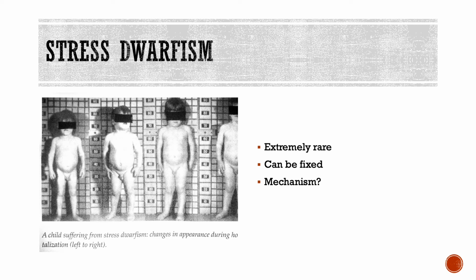It turns out that if you're at an appropriate age and you remove that stress response, the levels of growth hormone in circulation can go back to normal. So with stress dwarfism, we see that even some environmental factors, although they may be extreme ones, can cause dwarfism, but it can be overturned.